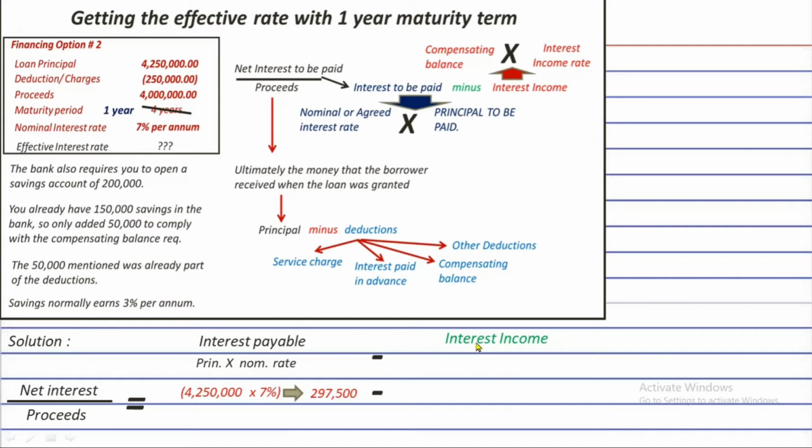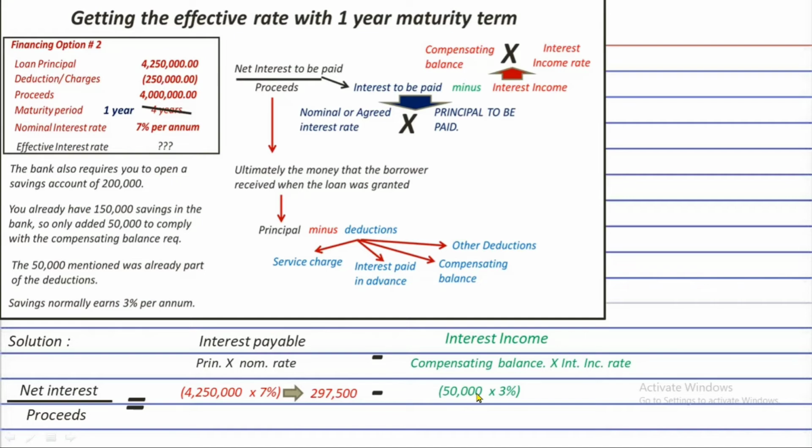Okay? So, now let's go to the interest income, which is the compensating balance times the interest income rate. So, the compensating balance that we are going to use is only 50,000, not the whole 200,000. The 150,000 should not be included in our solution because that savings balance was already existing before this loan transaction. And aside from that, the 150,000 was not deducted from the proceeds that you as the debtor received.